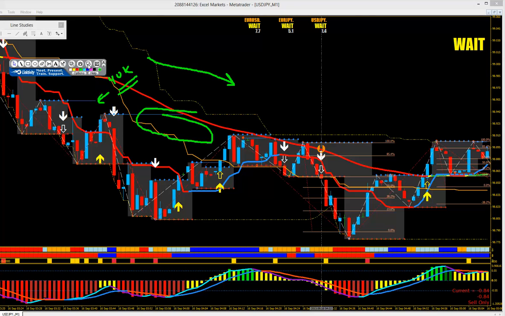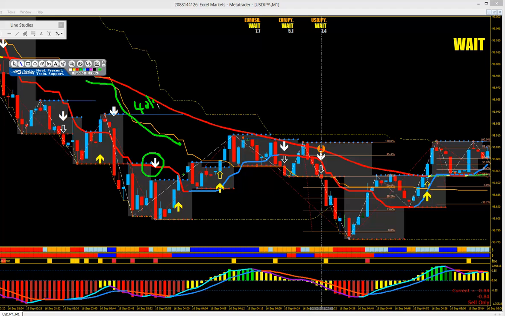Let me explain what I mean by that. Say that, for instance, this one here had been a signal. See, nowhere did it react with my 40 Cajun. Before this here would be a signal for me, I'd like to see price come up, react, and then come down. As I said, I'm trying to avoid getting caught at the bottom of a run.